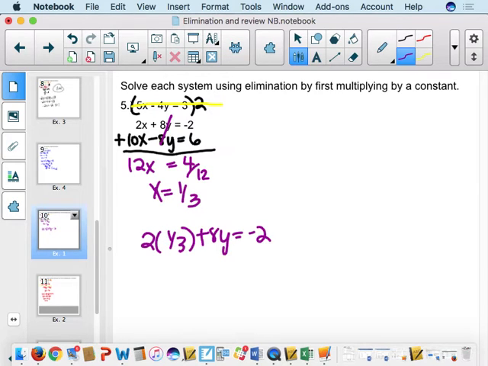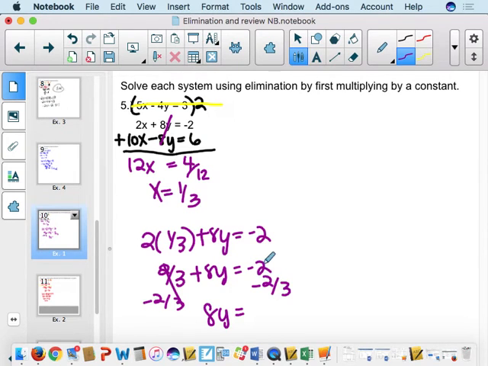So 2 times 1/3 is just 2/3 because it's 2 times 1. So 2/3 plus 8y equals negative 2. You're going to subtract the 2/3 over to the other side. If you want to use your calculator, you can. If you want to find common denominators, you can. So what is negative 2 minus 2/3?